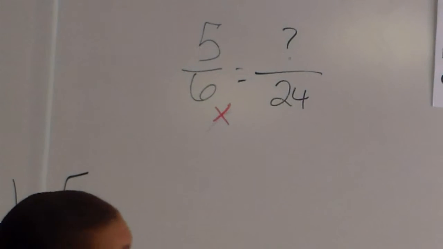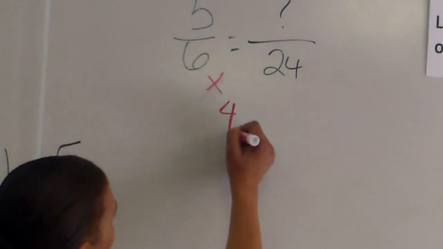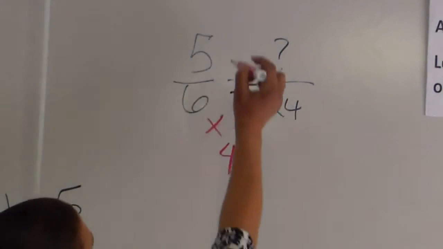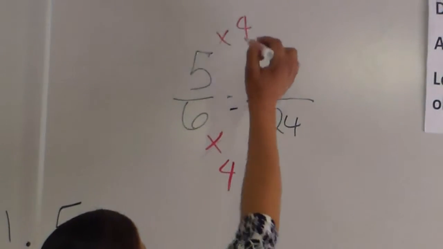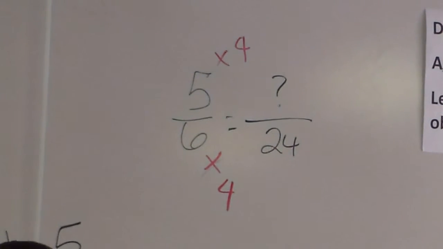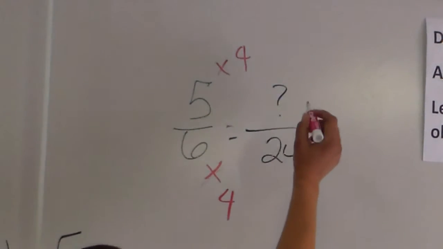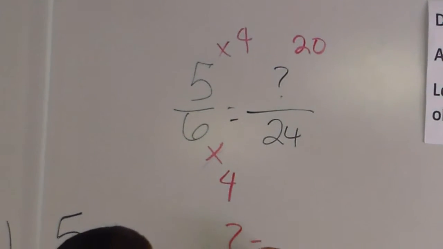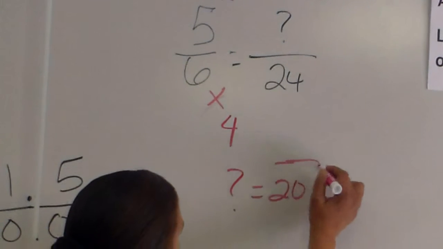Yes, Jerry. 4. 6 times 4 equals 24. Whatever I multiply on the bottom, I multiply on the top. 5 times 4 equals what? 20. So my unknown is 20.